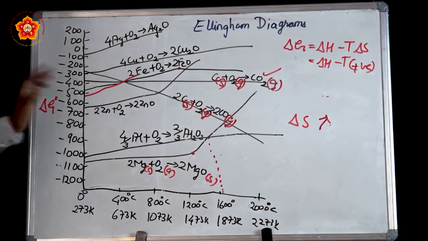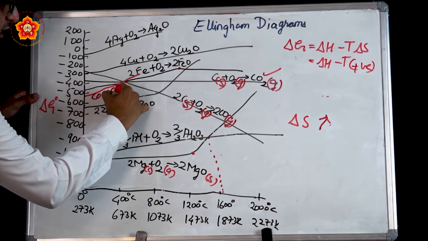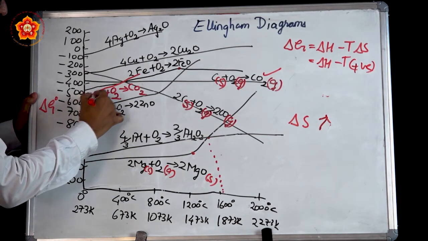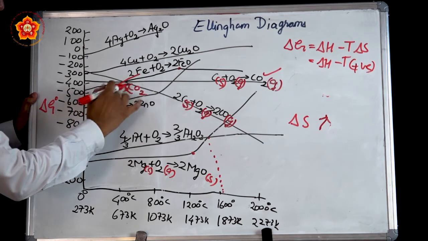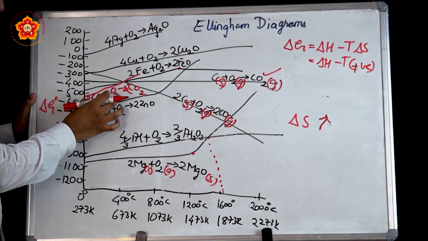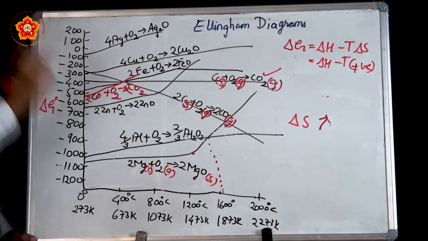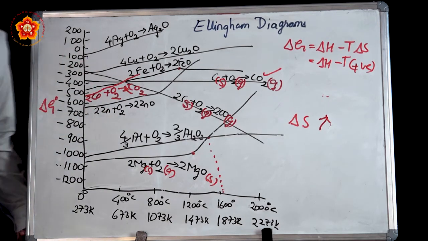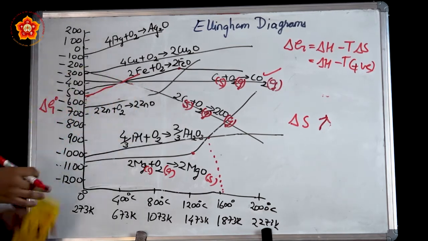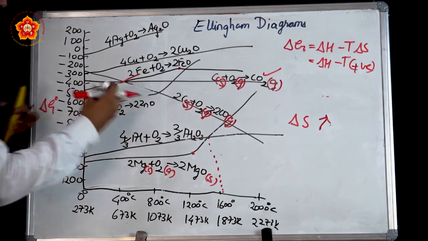Either you can use carbon, or this equation, carbon monoxide reacting with oxygen gas to form carbon dioxide, and for balancing we have it as 2CO and 2CO2. This reaction also goes upwards because the molecular systems are present in gaseous and solid forms. So carbon will act as a reducing agent for many of these compounds.